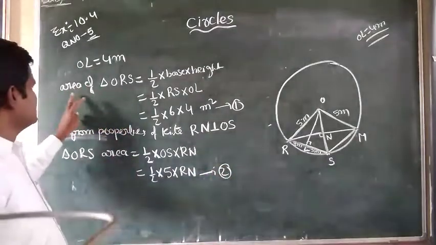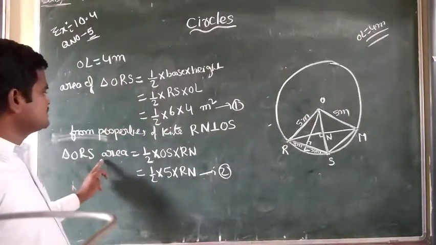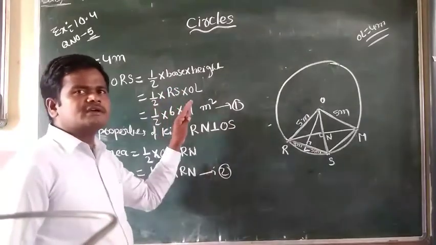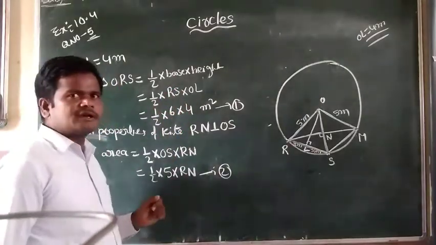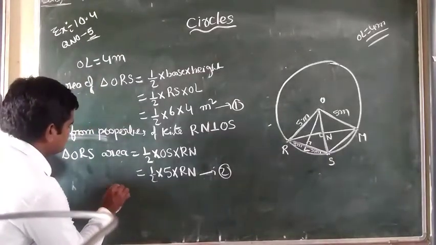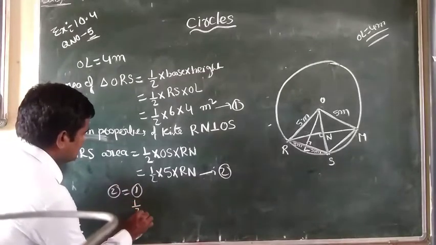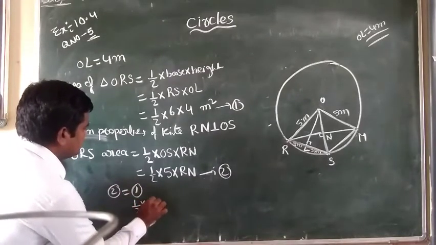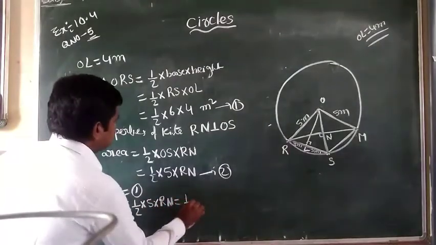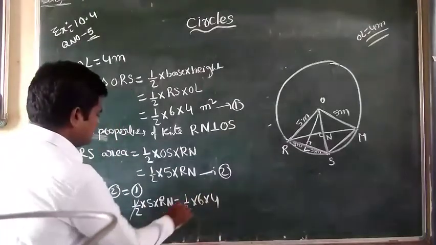So equation 1 is area of triangle ORS. Equation 2 also area of ORS. So equation 1 equal to equation 2. Then 1 by 2 into 5 into RM equal to 1 by 2 into 6 into 4. So here 1 by 2 is cancelled.